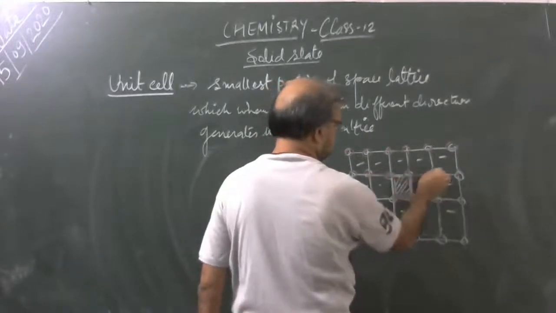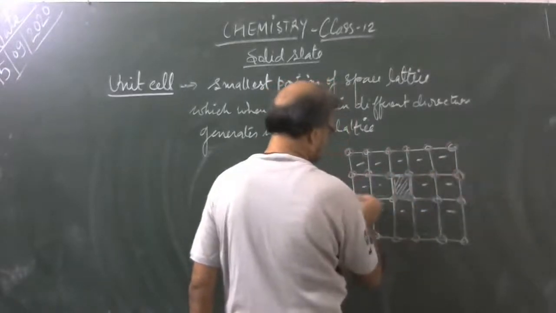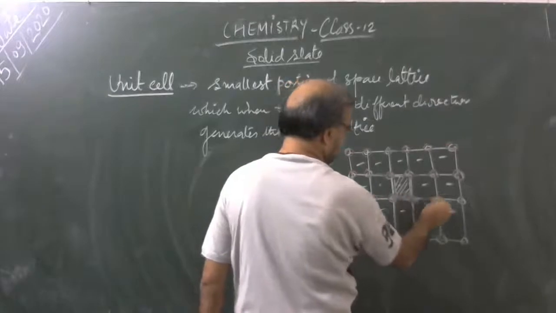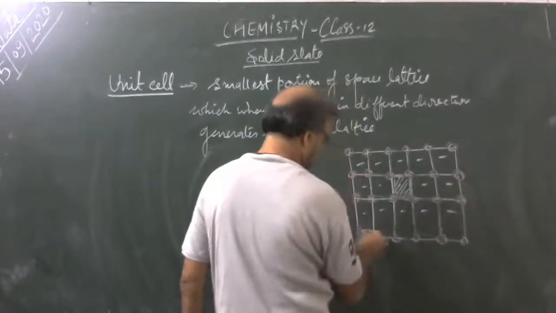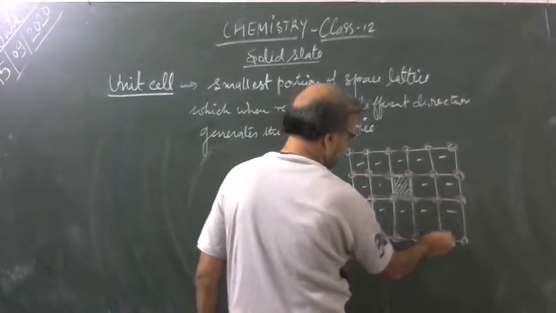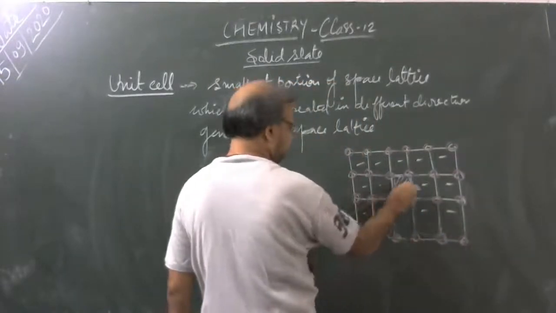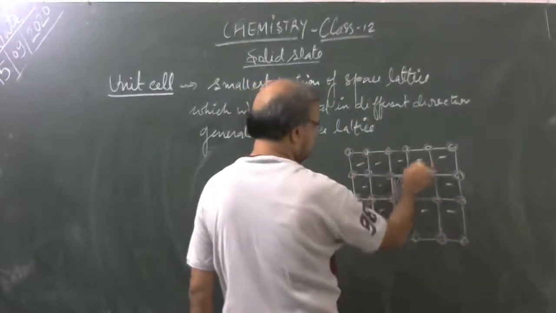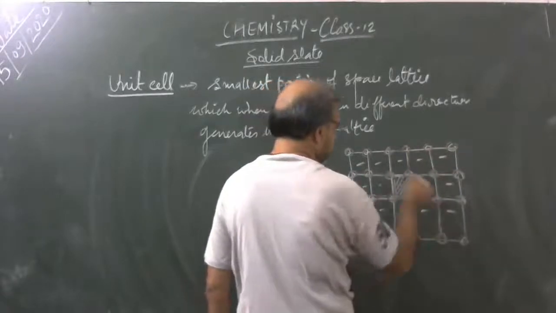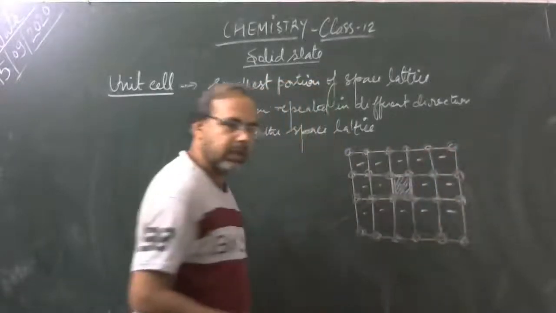So this one is the unit cell, and these are the different unit cells giving rise to the form of space lattice.